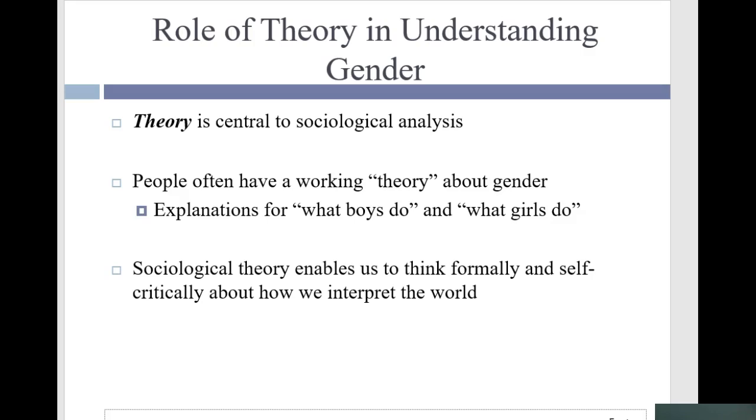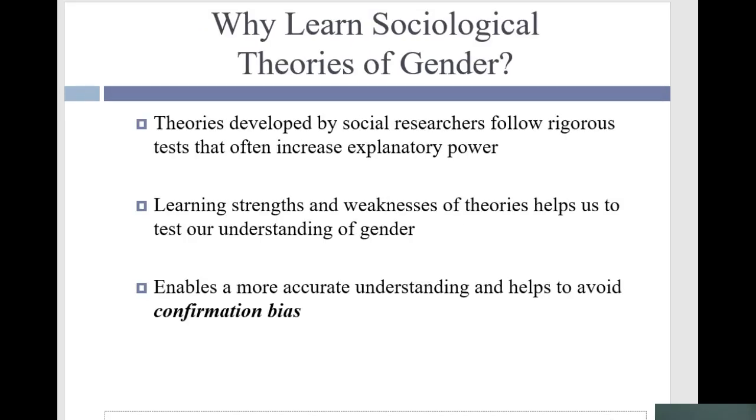It allows us to formalize our thinking. It allows us to see how we interpret the world, but we know that there are always things that don't fit the theory. And that's what you're to examine in this chapter, what the theories are and which ones work for you and how they move forward.